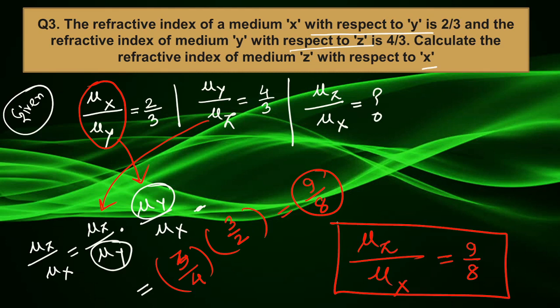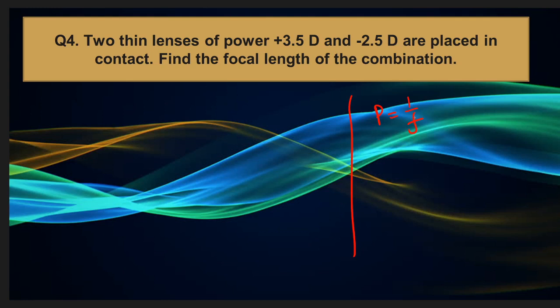Okay, let's move to our fourth question, that is two thin lenses of power plus 3.5 diopter and minus 2.5 diopter. You know, if power means 1 by focal length, so if power is positive, it means focal length is also positive. It means we know for a convex lens, light rays come and meet on the right side, not in the left.